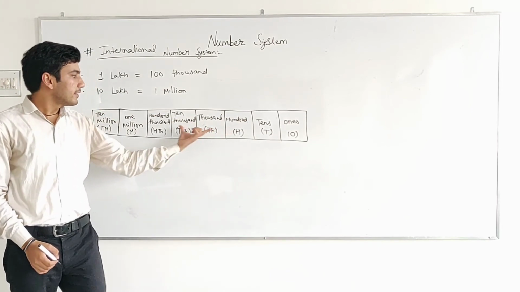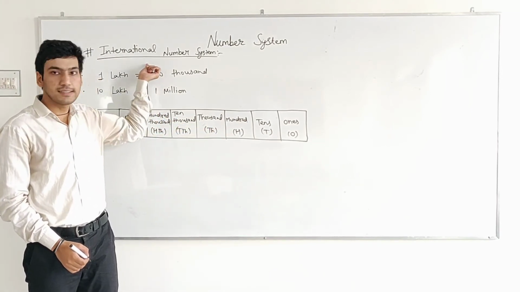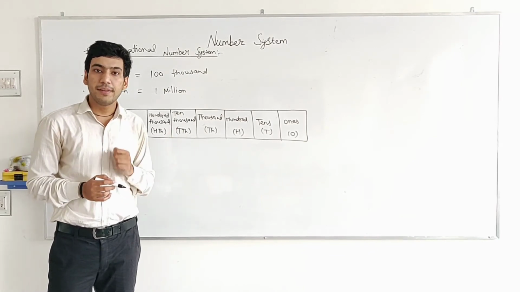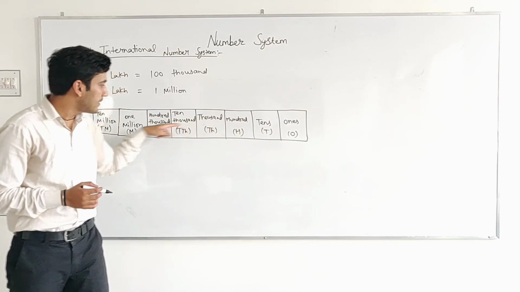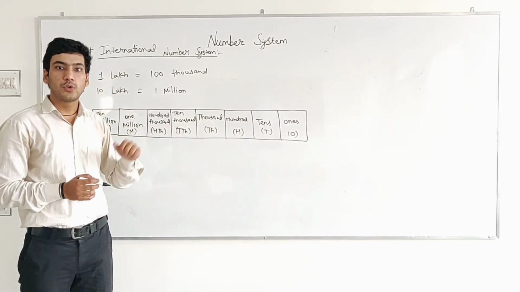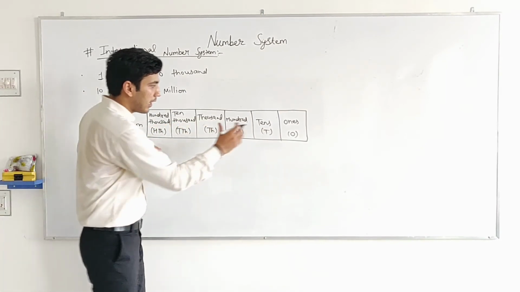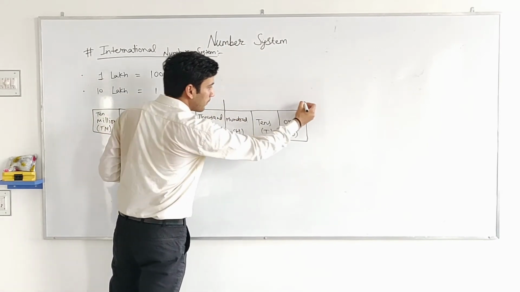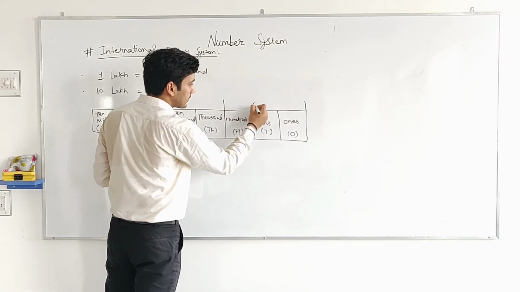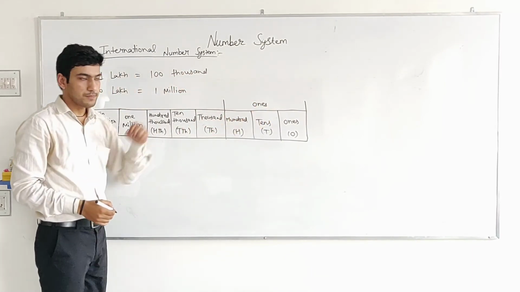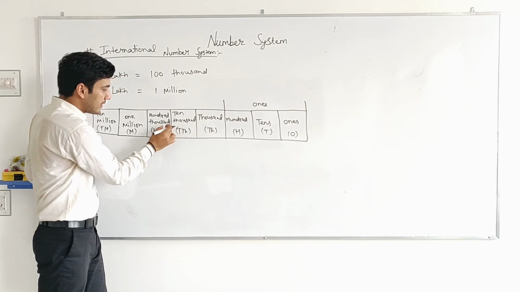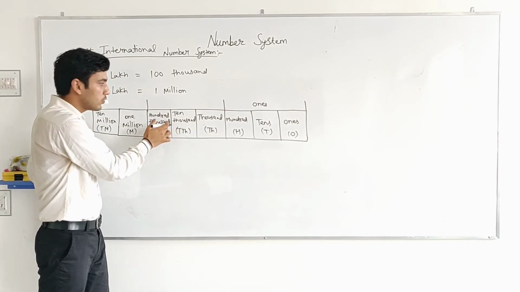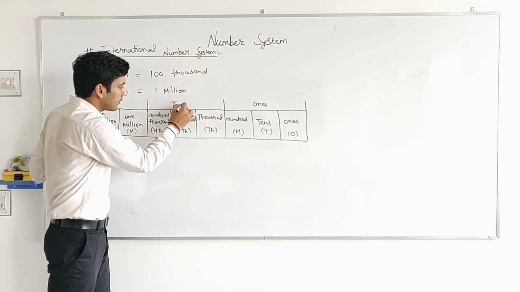In this way, these are the places in this number system. Now we have to draw the periods in this system. These places are grouped to form 3 periods. Three places are combined to form the ones period. Next, these three places are combined to form the thousands period.